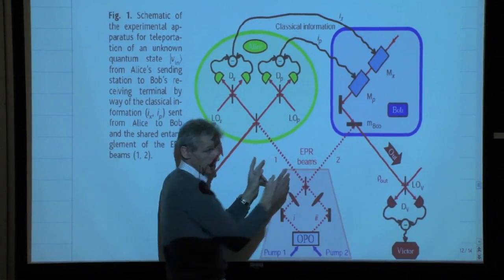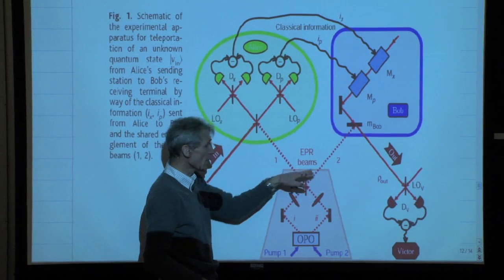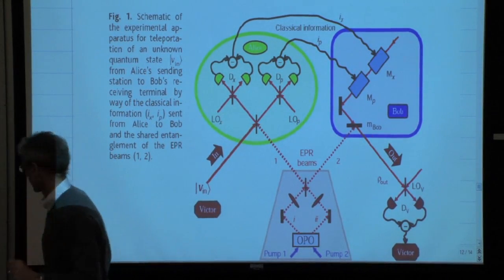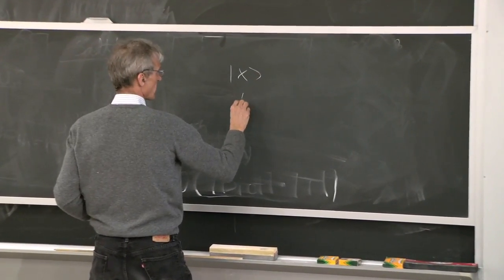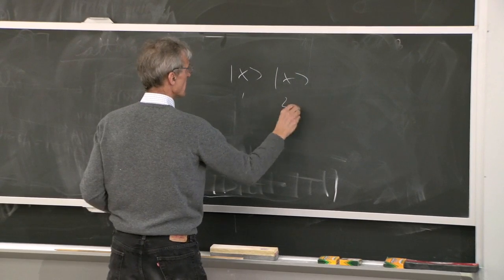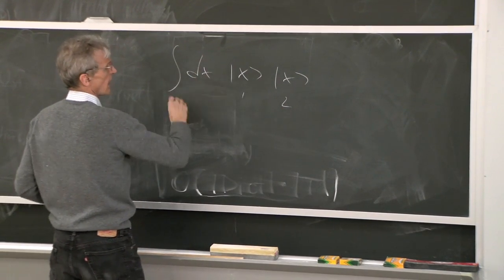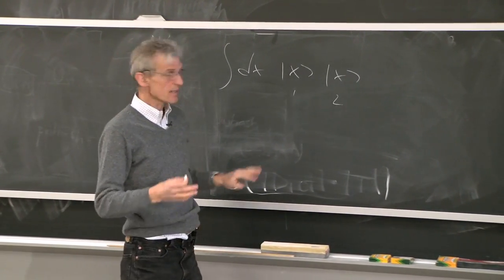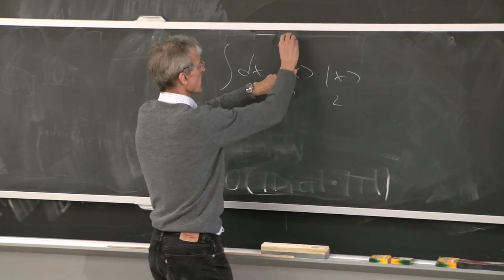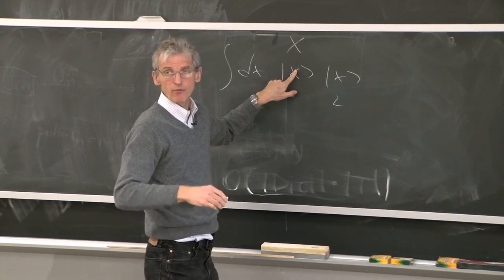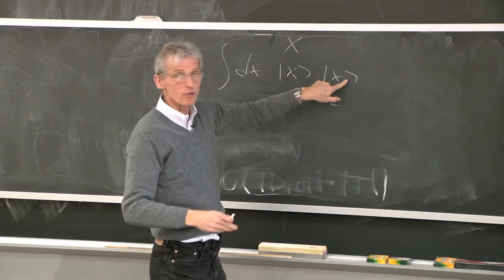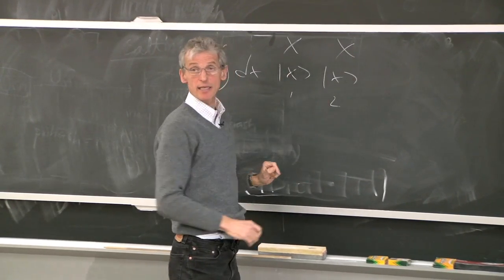So if you write it down, and I can show you the formula in a moment, these are twin brothers, this is brother 1, this is brother 2, in sort of a continuum of states. And when Alice would measure that this twin brother is in state big X, that would be a projective measurement, and Bob's twin brother would now with certainty also be in the state X.